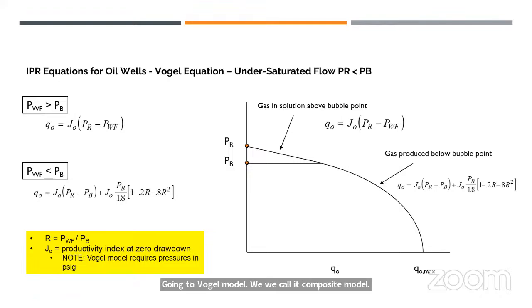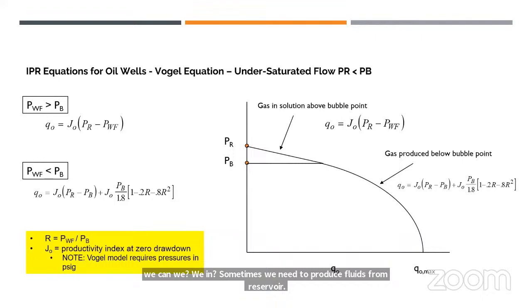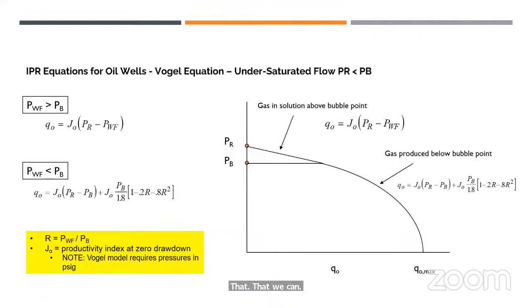This model better describes a reservoir that can reach the situation of a saturated reservoir, or sometimes we need to produce fluids from a reservoir where the bottom hole flowing pressure reaches a point below the bubble point pressure. So we might have some gas in the production, and we might reach the situation of a saturated reservoir.